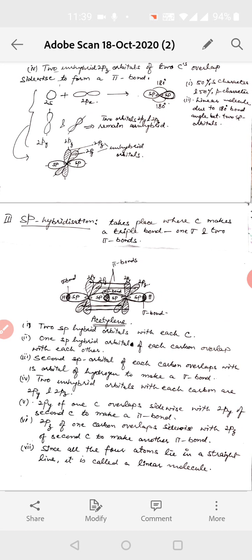Then 2 unhybridized orbitals overlap with each other to form 2 pi bonds. So this is about the structure of acetylene, whose IUPAC name is ethyne. Commonly it is known as acetylene.